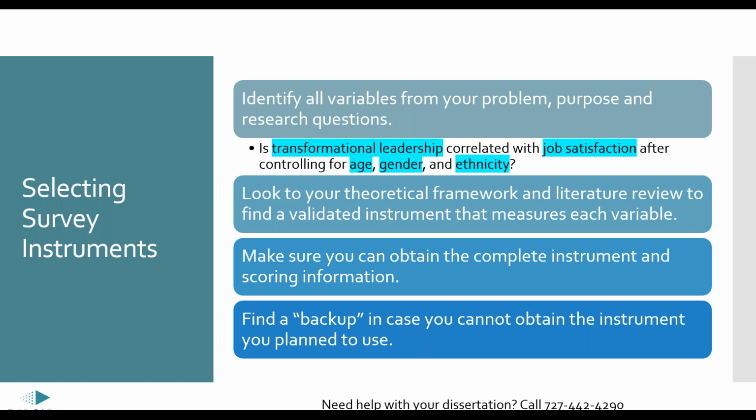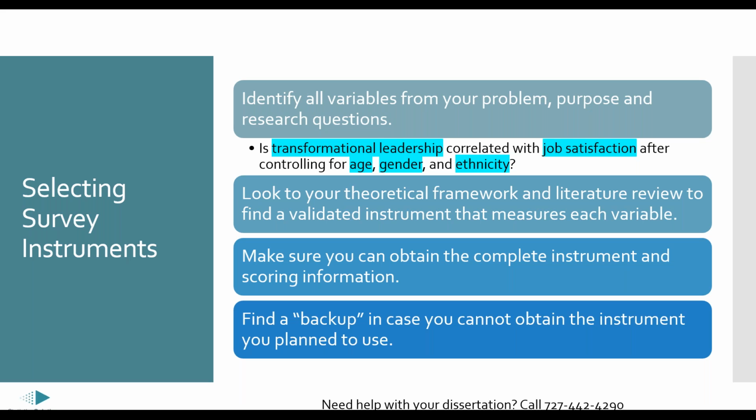So for instance, the measure of transformational leadership, which is the Multifactor Leadership Questionnaire, the MLQ, that is distributed by a company called Mind Garden. So if you want to use that instrument, you would have to contact Mind Garden to get permission and information to use the instrument.